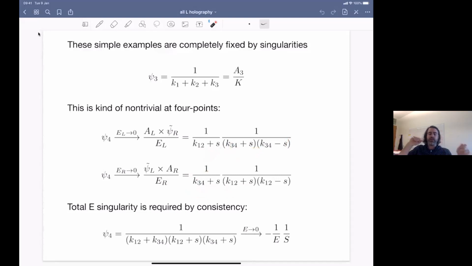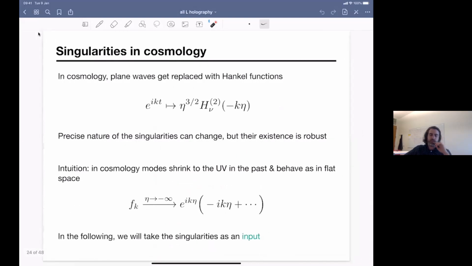I have to find an object that consistently factorizes in the two limits. The right thing to do is to think of this as the total energy evaluated at these two singular loci. This is the unique object that has these properties. It's interesting that you're forced to have this total energy singularity just by demanding consistent factorization. The residue of that total energy singularity is precisely the flat space scattering amplitude in the S channel. Okay, that's just a fun example.